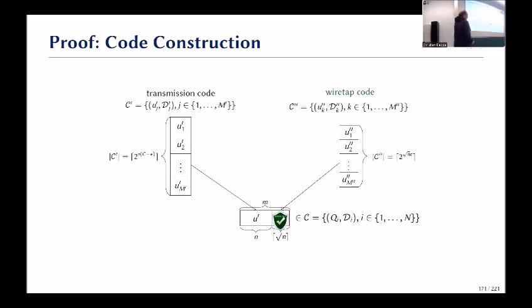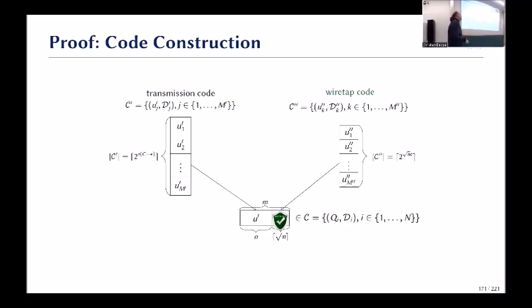You will get the same result. So what you do again is use the transmission code C prime just to transmit this coloring, this first part of the message, with the first n bits. And then, if you evaluate the coloring, that's the only part where we really need security.